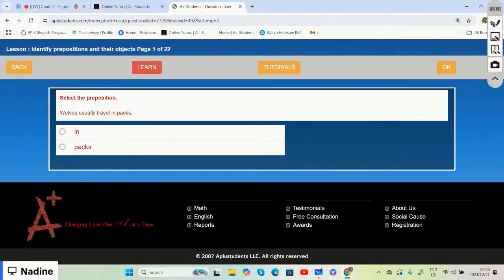We need to select the preposition. Remember, they're either going to ask you to select the preposition or the object of preposition. In this case, is it option one, in, or option two, packs?